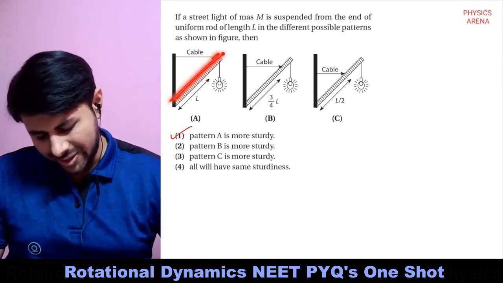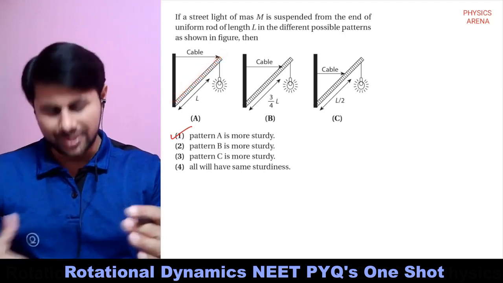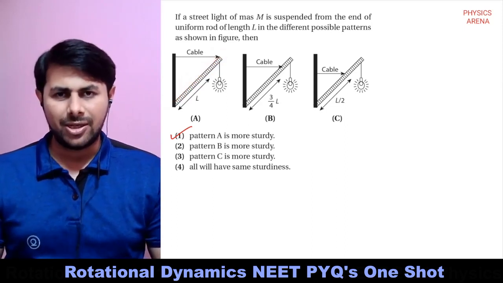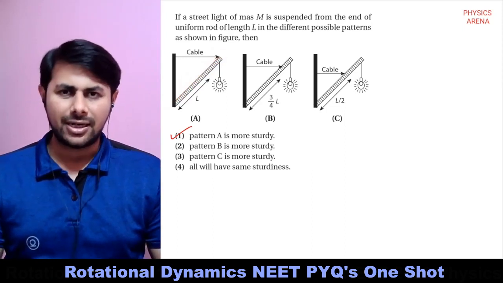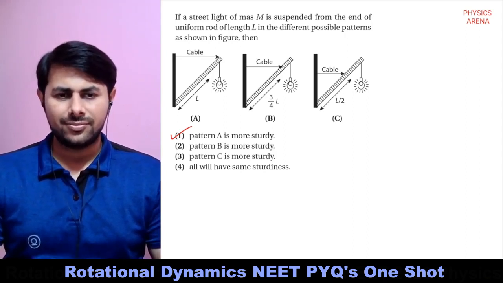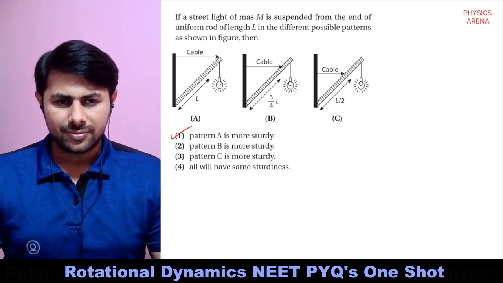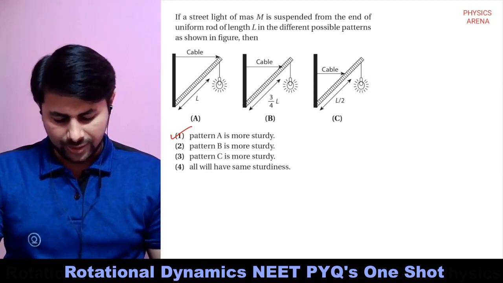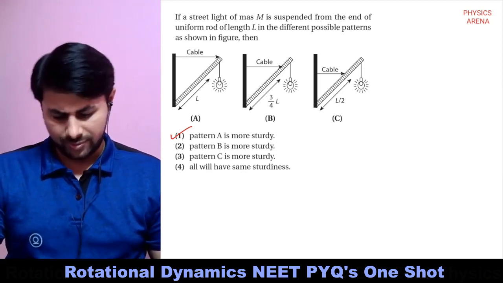So here, if the distance is more, the tension in the cable will be lesser, and that's why it will be more sturdier. Yes, no? Okay, good. So this is the answer. Pattern A is more sturdy. Okay.